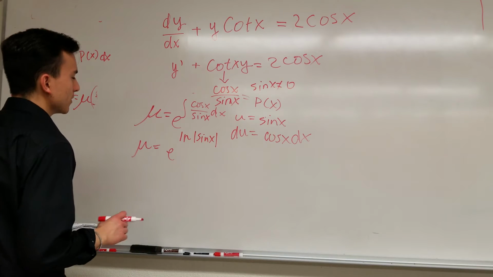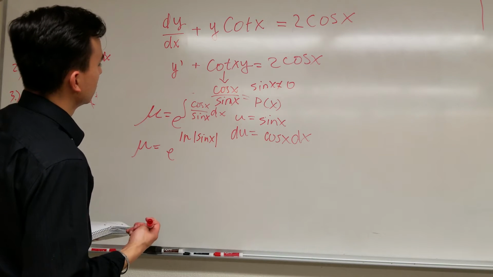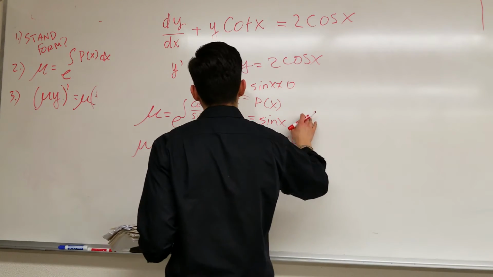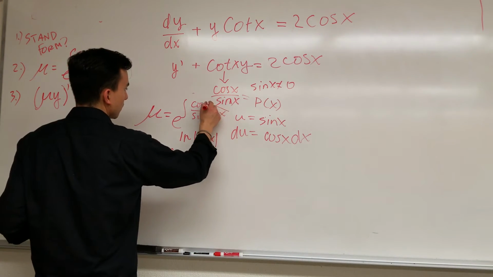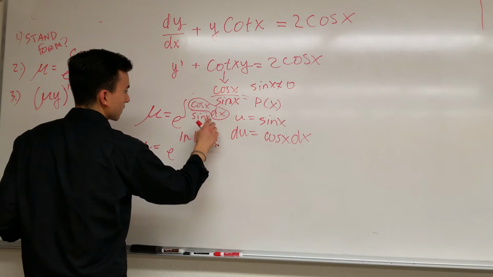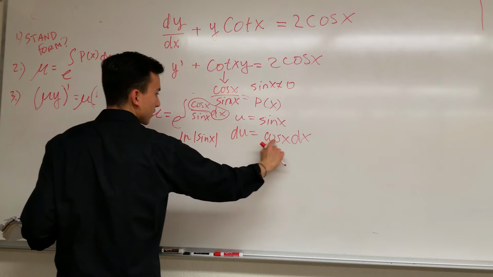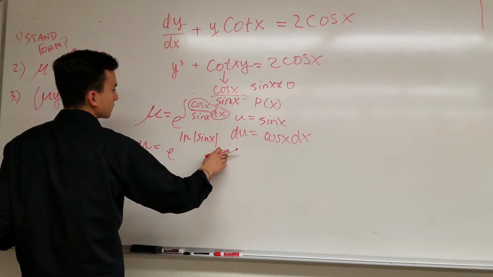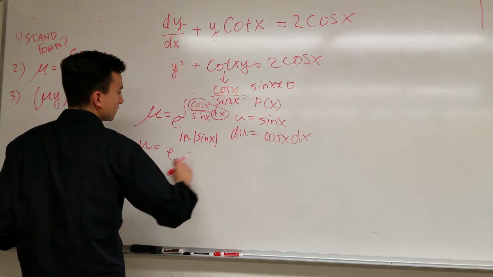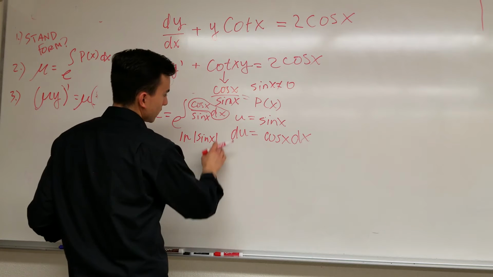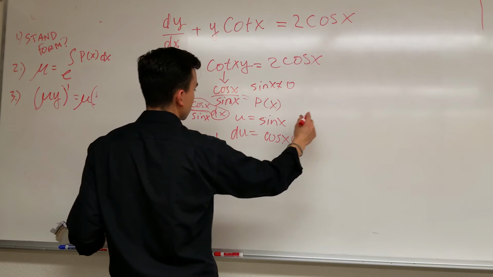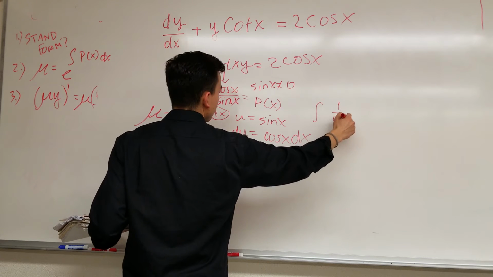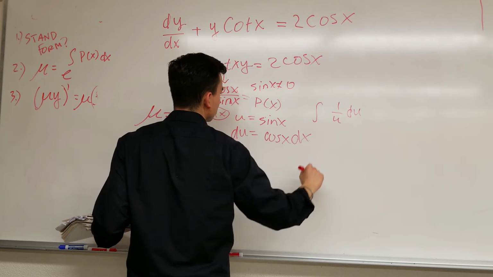If you don't know what happened there, I can show you. Cosine x dx, that is our du, and our sine of x is our u. So basically what we have is this integral, 1 over u du.